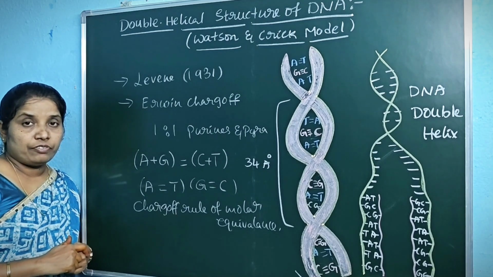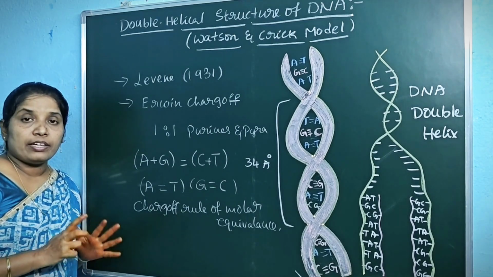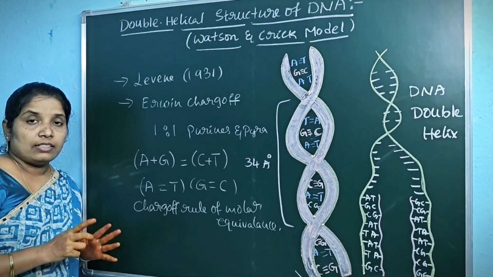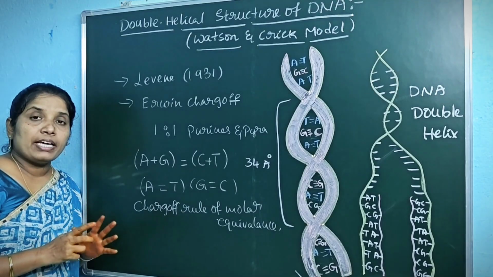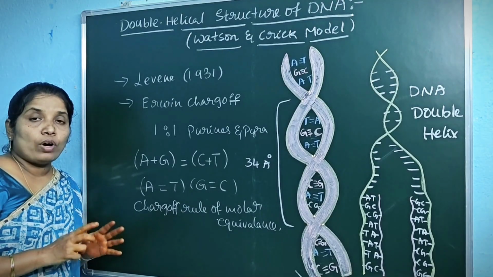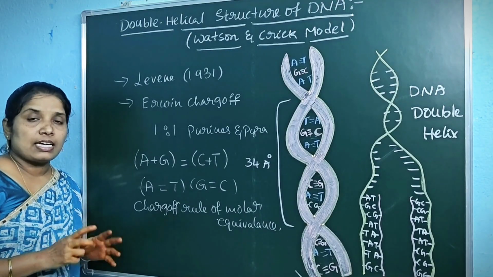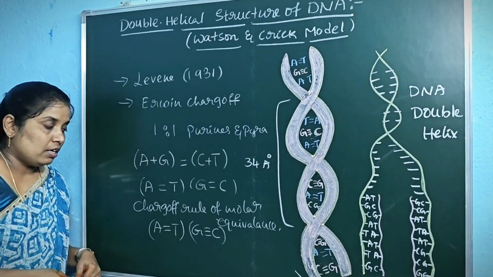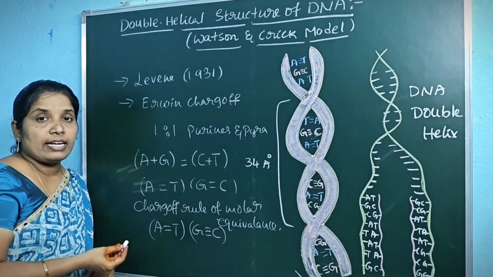According to Chargaff, A is always paired with T. That means adenine is always paired with thymine and guanine is always paired with cytosine.